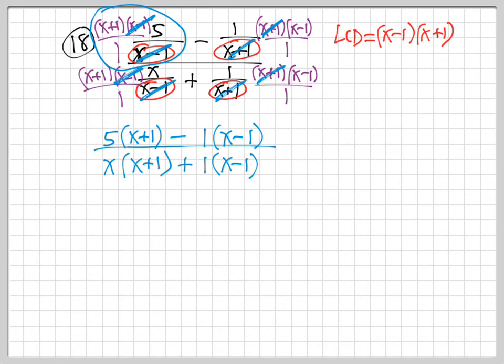We good so far? We don't have to put the 1 in front, but I think it'll help. But you have to remember that that minus is going to distribute. Whatever it takes for you to remember that.